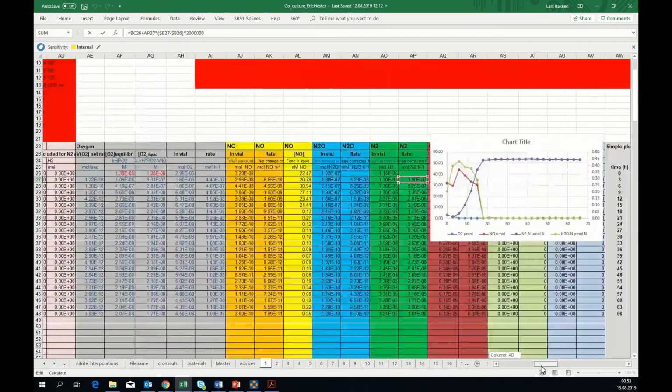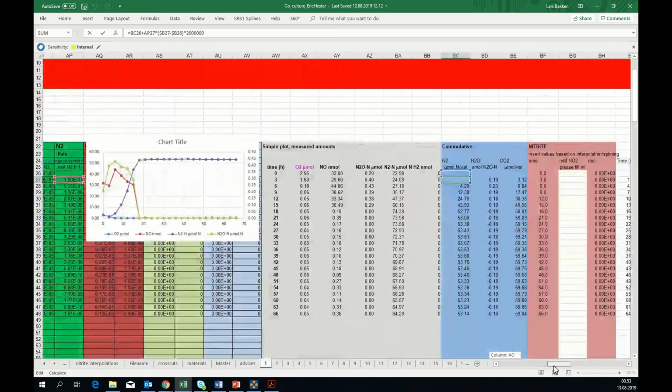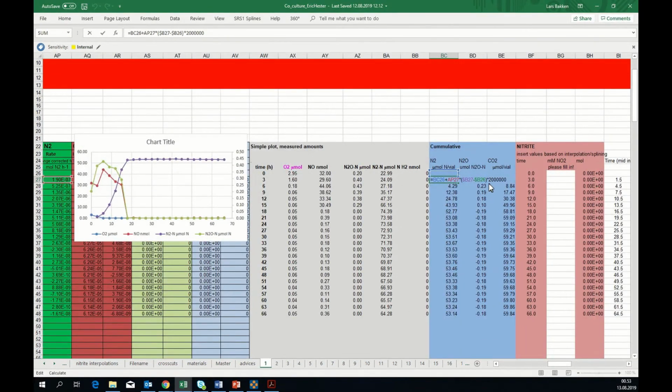And it multiplies this by 2 millions, because we want it in micromole N2-N and not micromole N2 per vial. And when you propagate that cell downwards, you see that the next cell takes the previous and adds a new value. This is how we reached cumulated values.